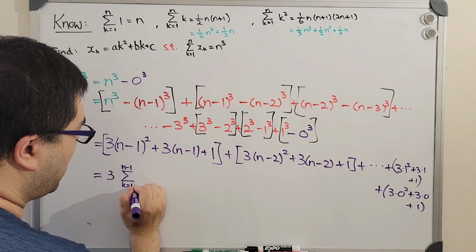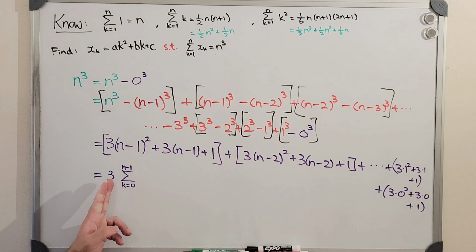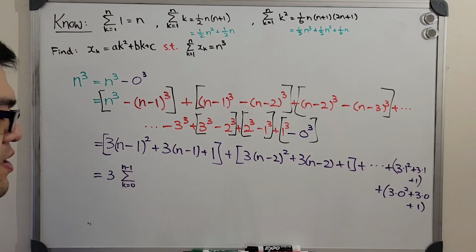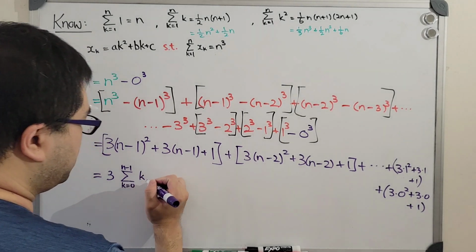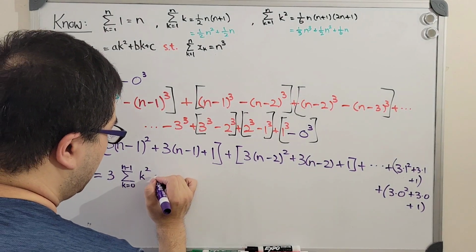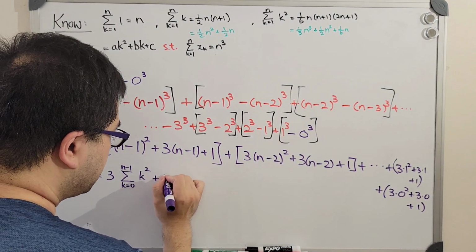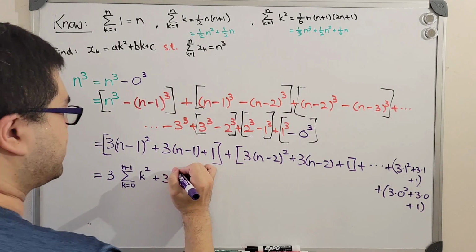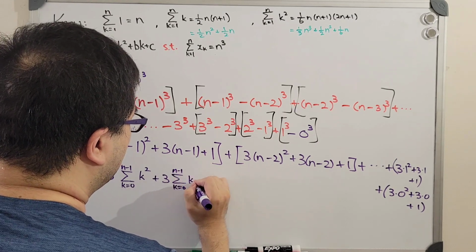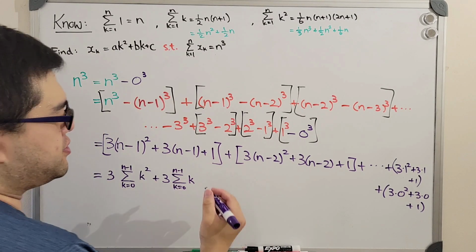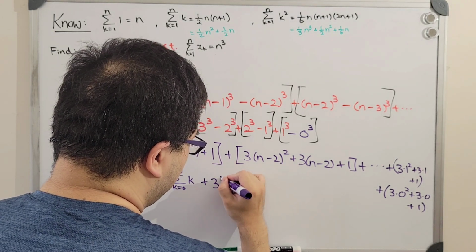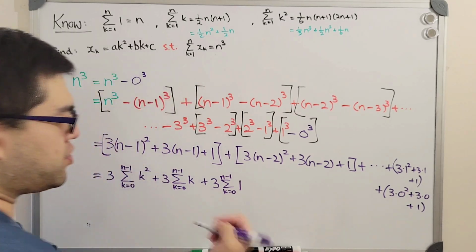So in fact, what we get is 3 times the finite sum where k starts from 0 to n minus 1 of the k squared term, and then plus 3 times again k from 0 to n minus 1 of the natural numbers, plus 3 times k from 0 to n minus 1 of the constant term 1.